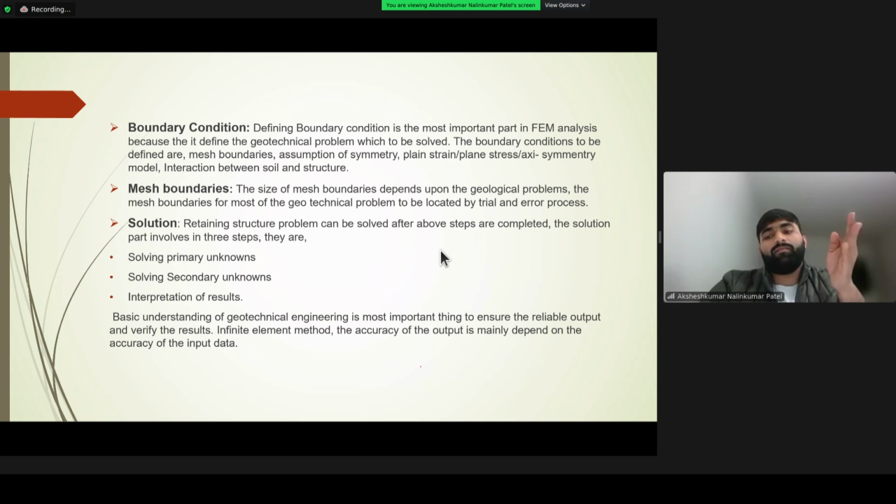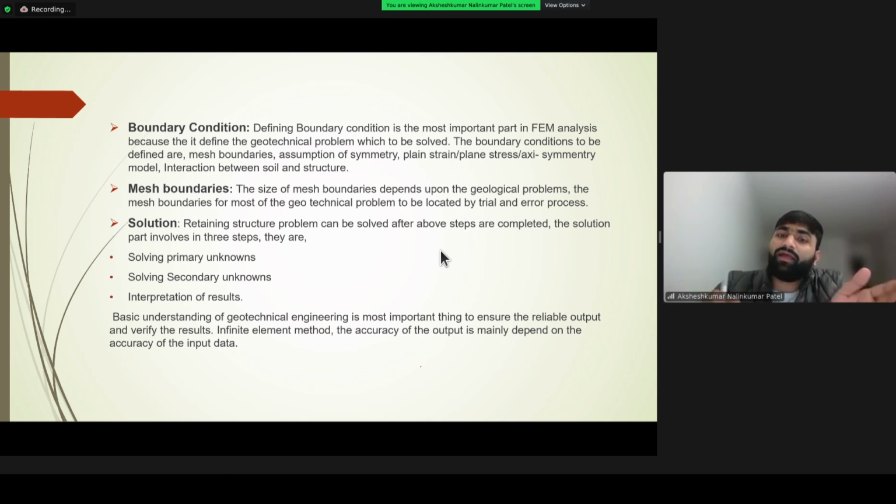Now, the other important thing is to define the boundary condition, because to derive the equation we need to know the boundary condition. When we are solving geotechnical problems especially, we need to decide the boundary condition. It is sometimes defined based on which kind of mesh we have established.